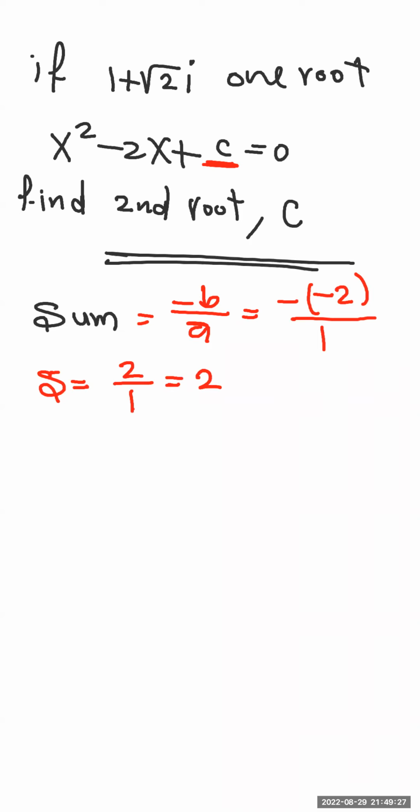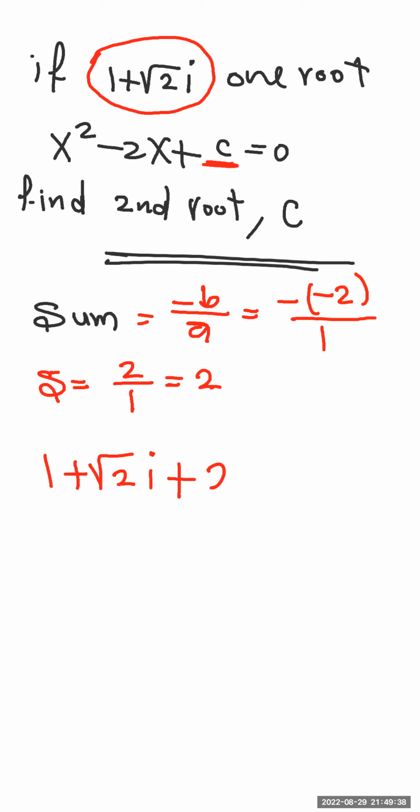Okay. Now, the first root is given as 1 plus square root of 2i. Plus the second root, the sum equals 2, correct?